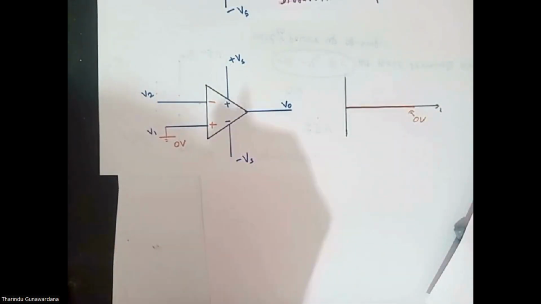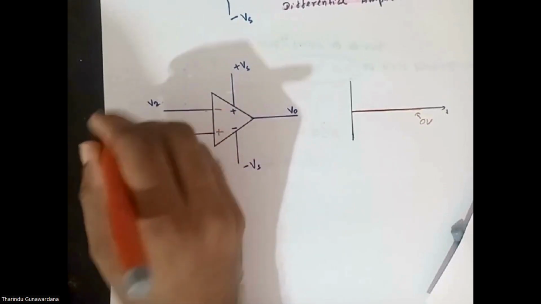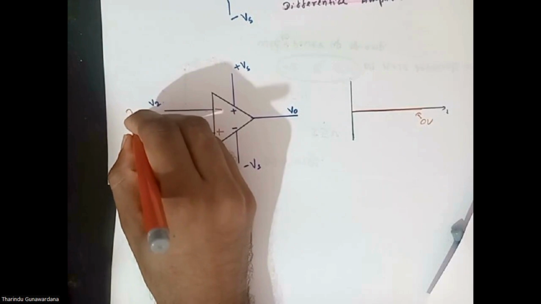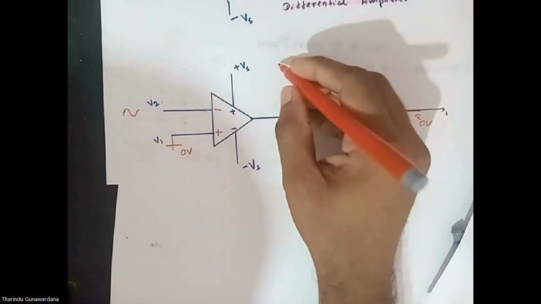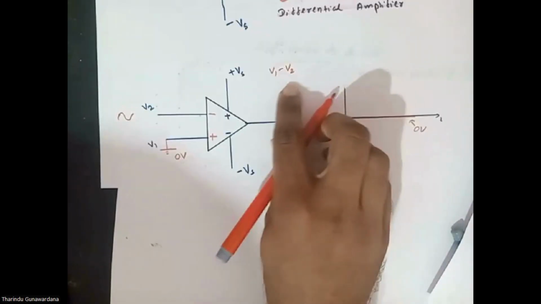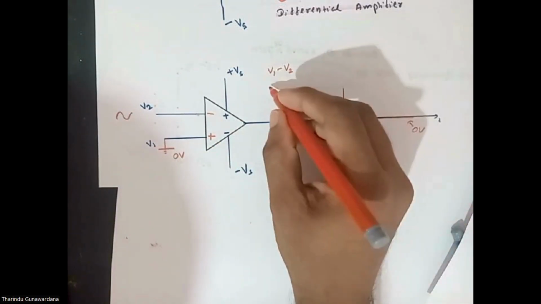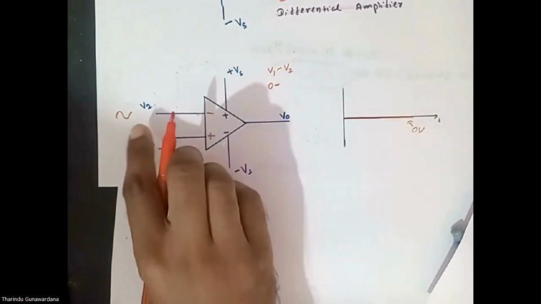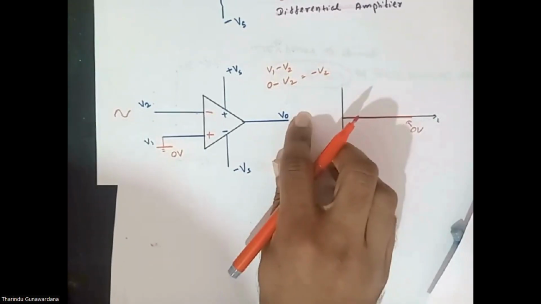Right, children, now we are feeding a signal into this inverting input. We are feeding this input to V2. Then what is V1 minus V2? What is the differential input? V1 is 0 because this is grounded. 0 minus V2 equals minus V2.